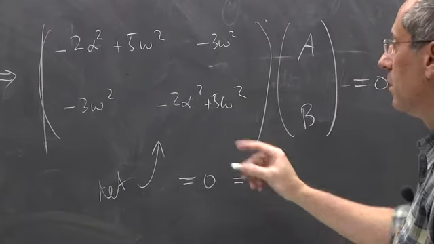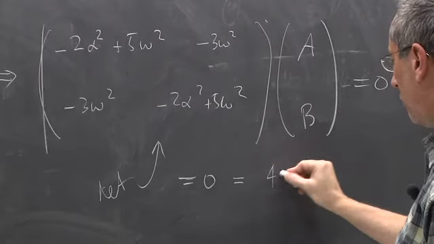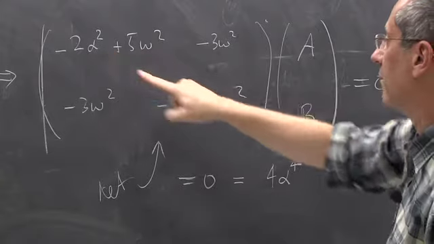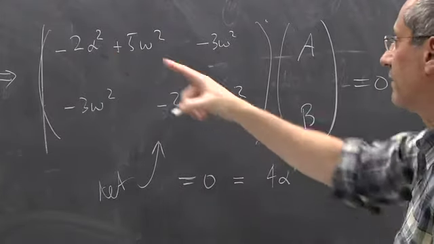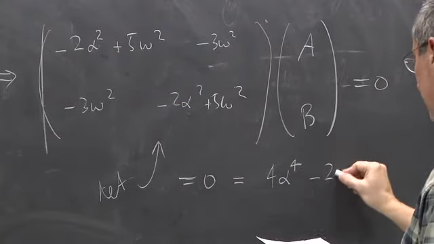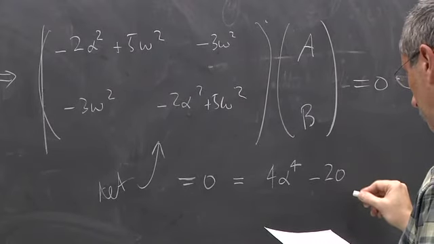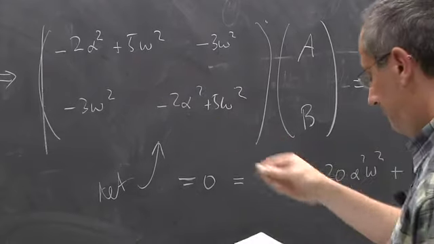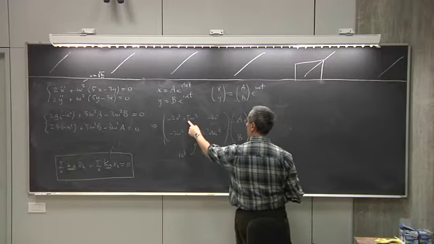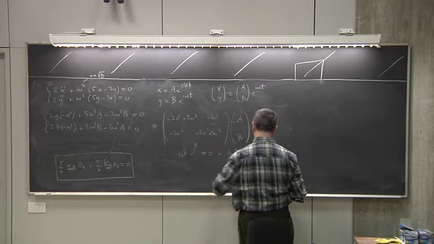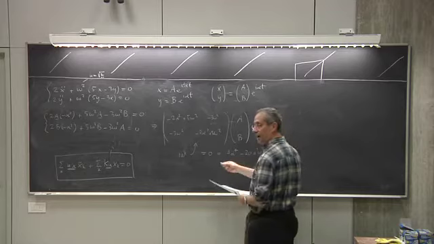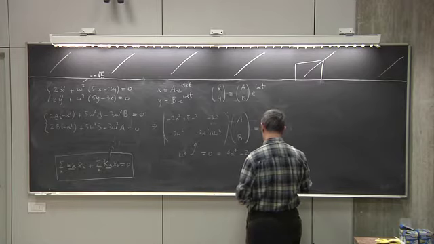I've done it for you. I get 4 alpha to the 4th, clearly, because you have this times this. Then you have the mixed terms that sum up to 20 alpha square omega square. And then you have 25 from here and 9 with the opposite sign, so 25 minus 9 is 16 omega to the 4th.